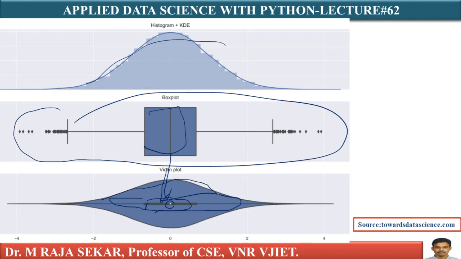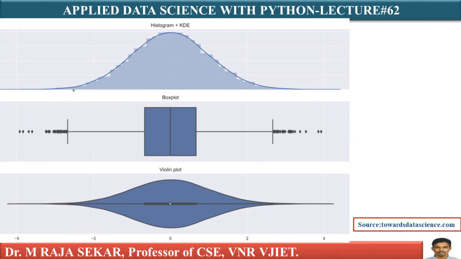The kernel density plot, or kernel density estimate, is used for creating the violin plot. It is the same as the one added on top of the histogram.